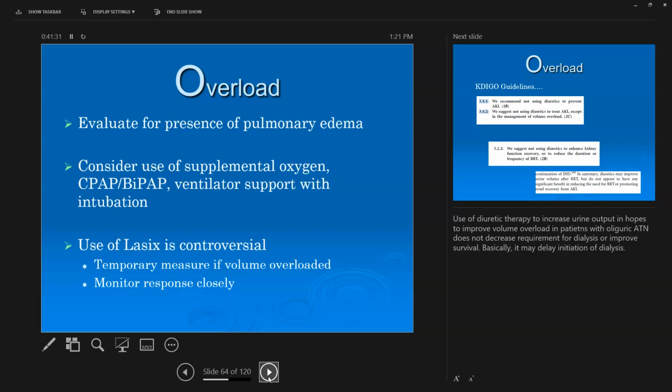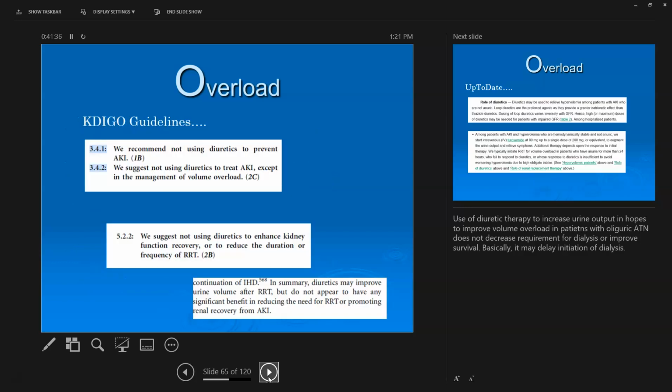Know that the use of Lasix is pretty controversial in these patients. And again, I went to the guidelines and snipped the recommendations on this for you guys: we should only be using diuretics for patients for volume overload. We shouldn't use them if, for example, you think they have acute kidney injury.